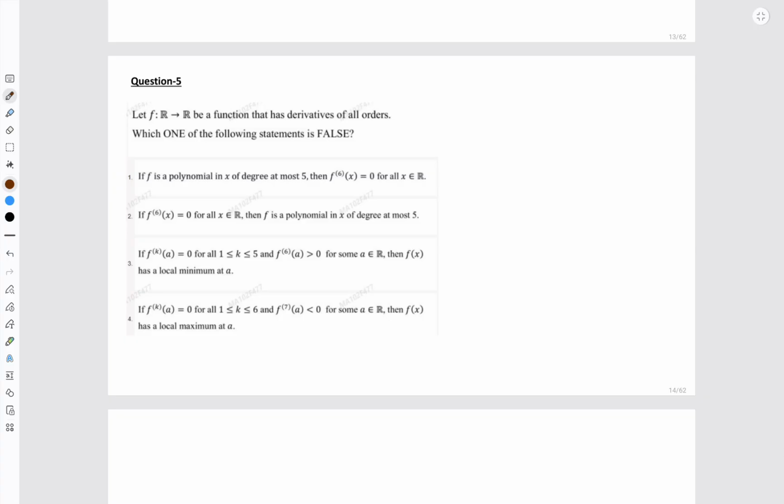So the first option is saying if f is a polynomial in x of degree at most 5, then the sixth derivative is 0. This is true, right? Because the maximum degree is 5. If you differentiate a sixth time, okay, let me just give you an example. If f of x is a polynomial of first degree, so let us say a0 plus a1x, then the degree is 1.